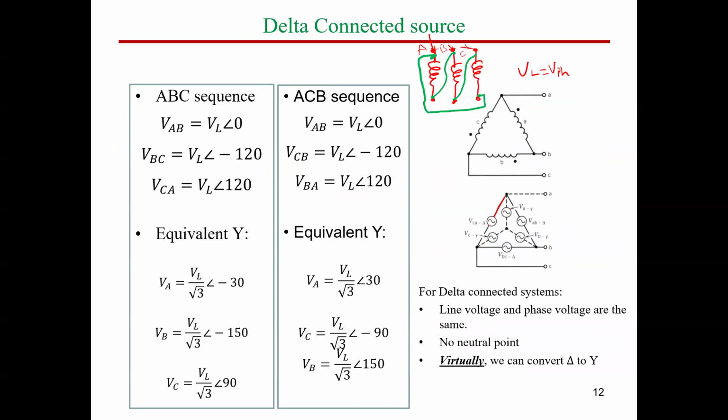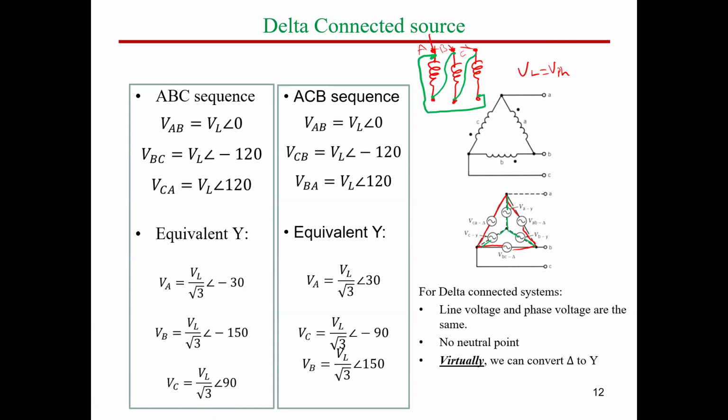So in the red line here, this is the delta. If you convert delta to Y, I'm going to draw with a different color. So this is the Y. So Y is the equivalent Y of our delta.